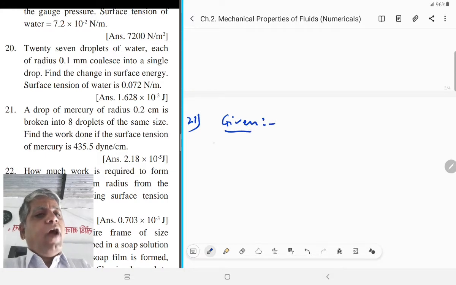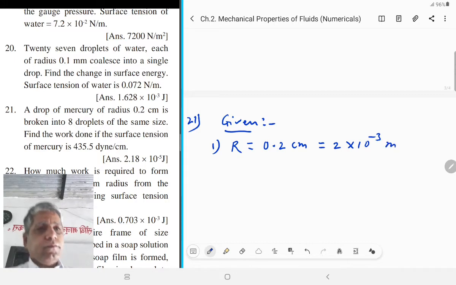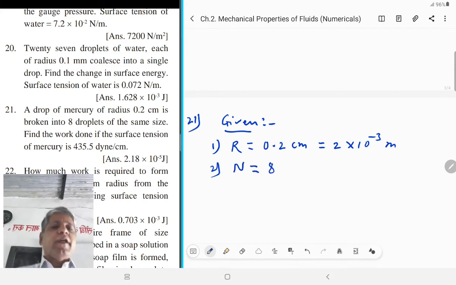Let capital R be the radius of single drop, and that is here given 0.2 centimeter, that is equal to 2 into 10 raised to minus 3 meter. Second point, the number of droplets that single drop can be broken into, is equal to 8 droplets. Here capital N is equal to 8.